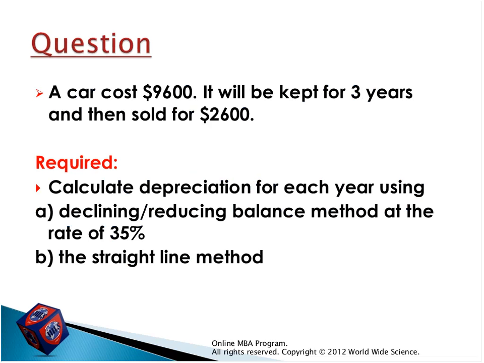So we are going to use the car for 2 years in the company and sell it for 2,600, right? You are required to make a calculation of the depreciation expense, A, based on the declining reducing balance method at the rate of 35%, and B, based on the straight line method.